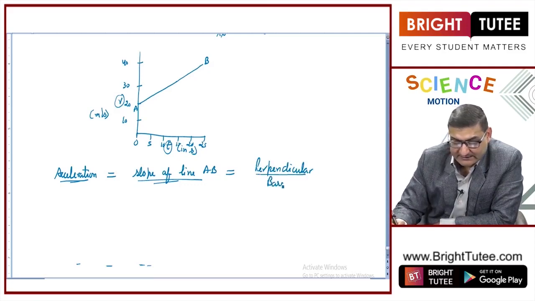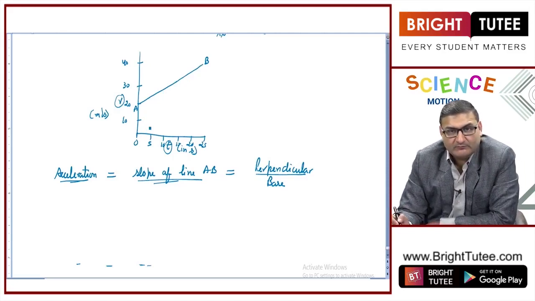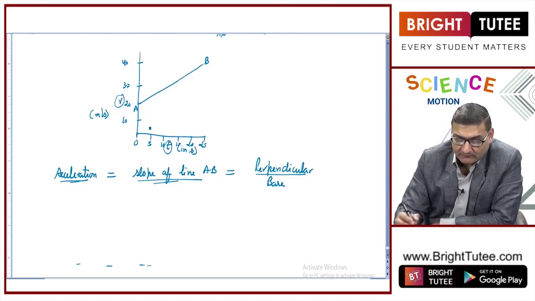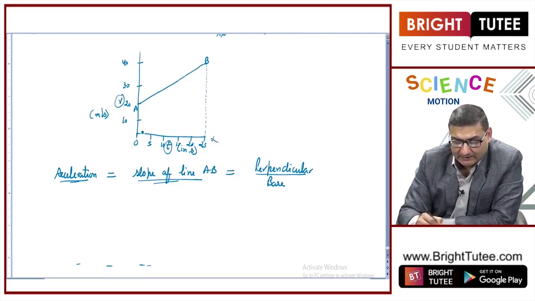Now, since this line is not starting from the origin, in order to find the perpendicular and base, we will draw a dotted line which is perpendicular to the x axis or parallel to the y axis.